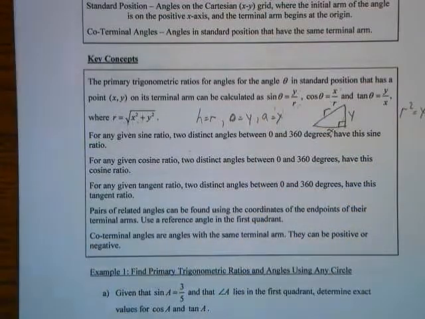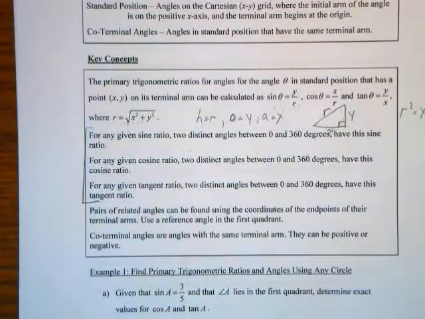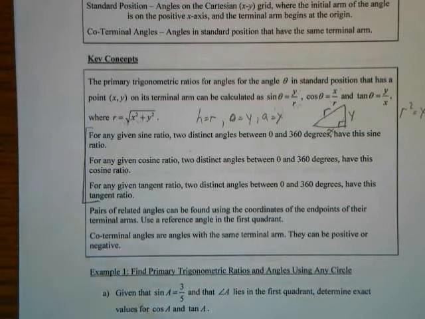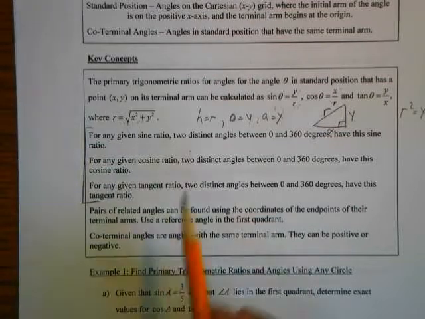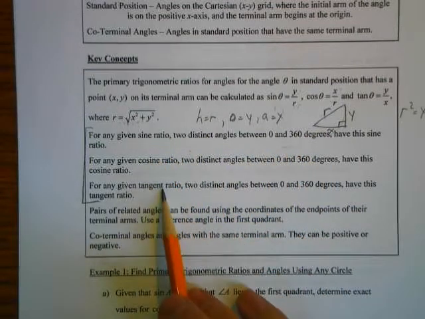Okay, and these three statements here, they're all kind of related. For any sine, cos, and tan ratio, for example, if I said there's a sine ratio of 5 over 6 for a given angle. Well, there's actually two angles that will satisfy that, two distinct angles between 0 and 360, and that's true for any of the ratios.